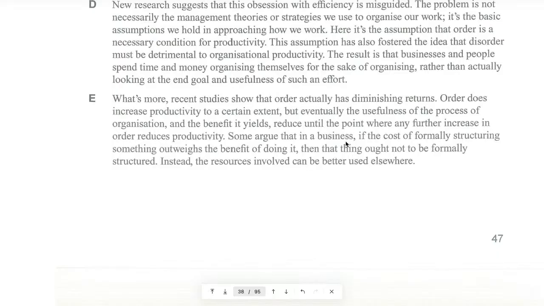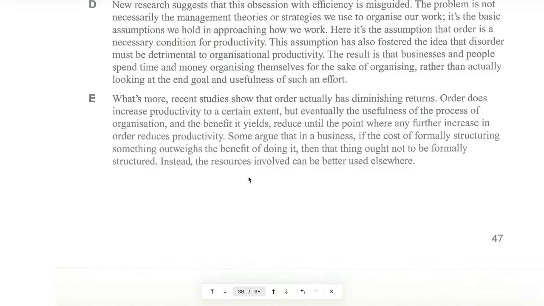So that's the first thing, and the benefit it yields reduces until the point where any further increase in order reduces productivity. So they have more disadvantages than advantages. And then some argue that in a business, if the cost of formally structuring something outweighs the benefit of doing it, then that thing ought not to be formally structured. That means we should not put that in the right structure anymore.